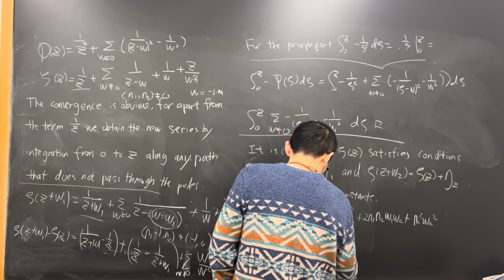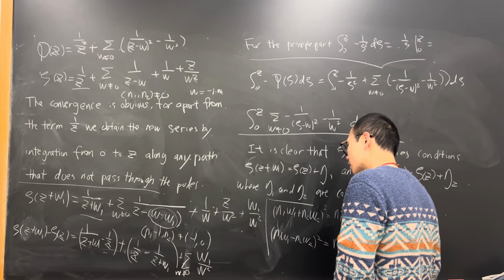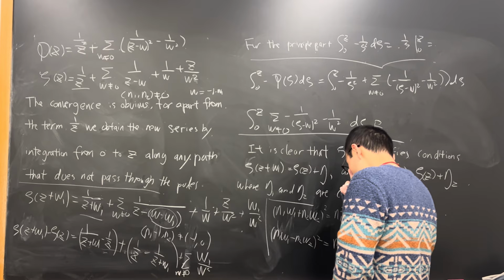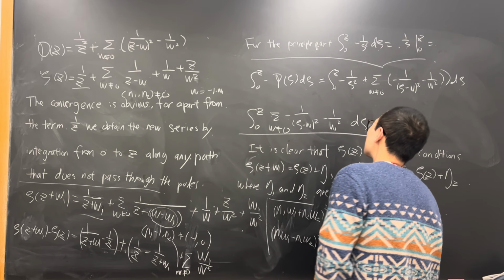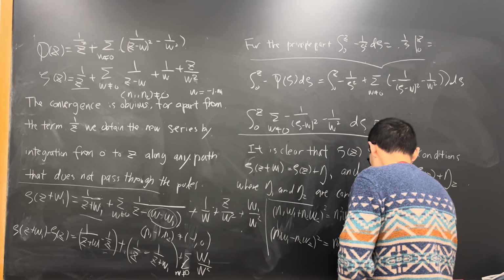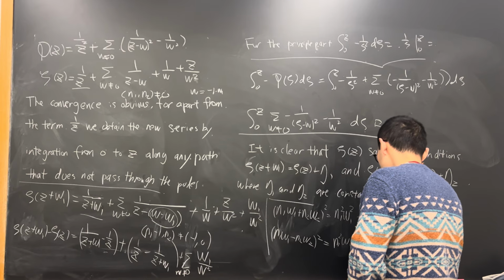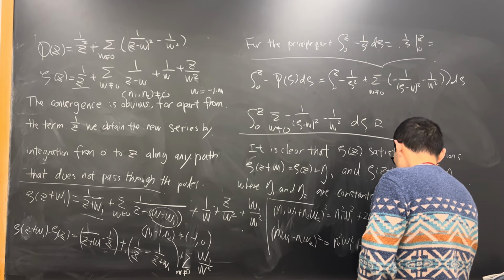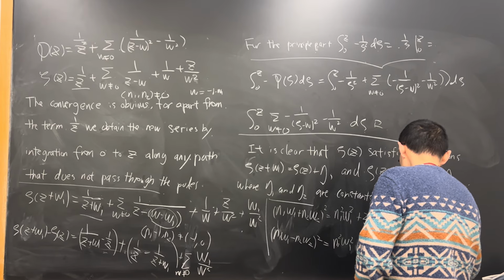So with the same thing, right? Plus, sorry, this is minus 2 n1 n2 omega 1 omega 2 plus n2 squared omega 2 squared.